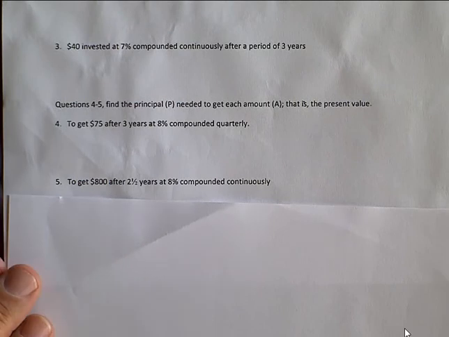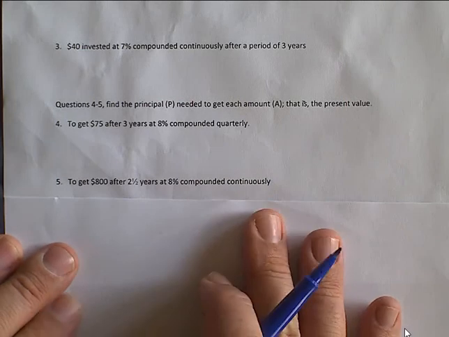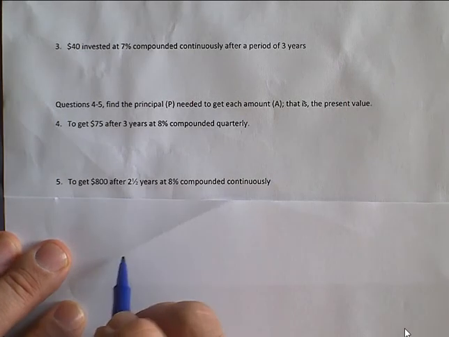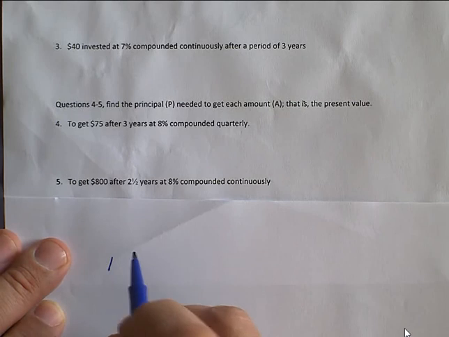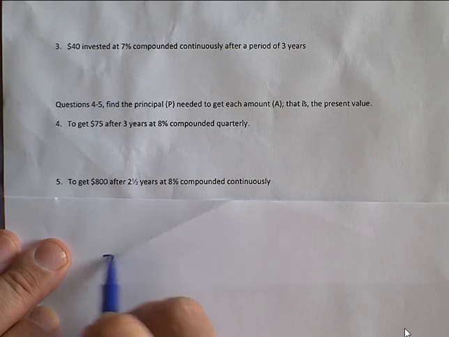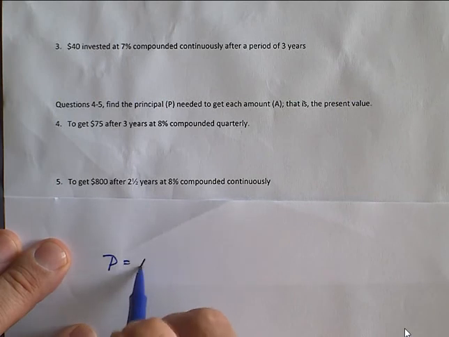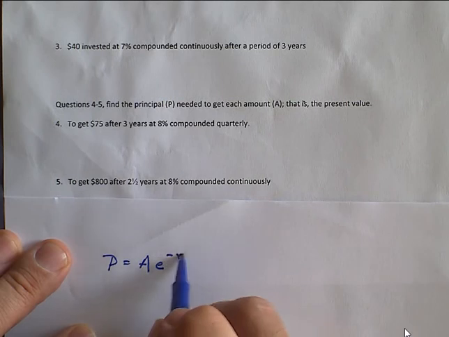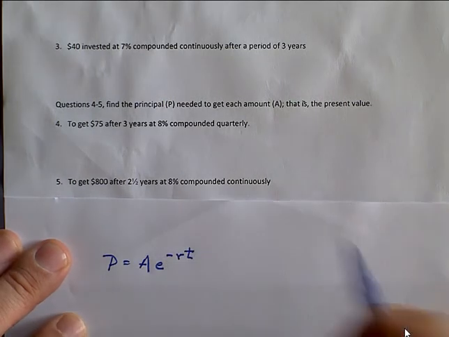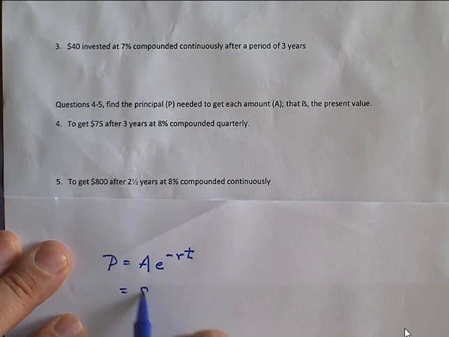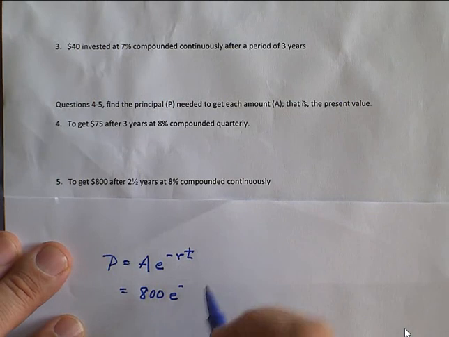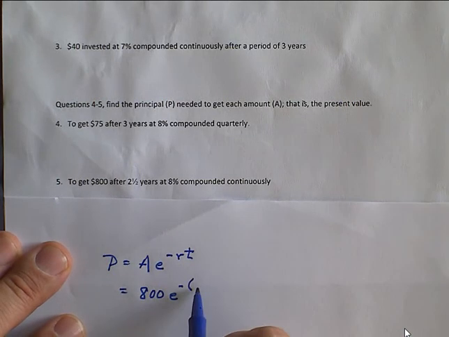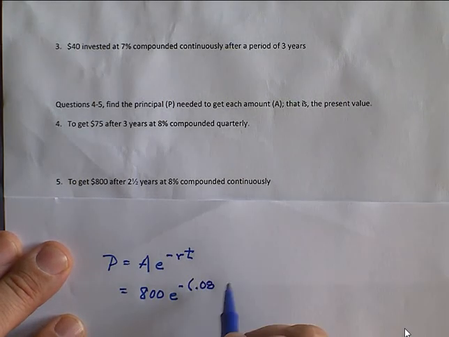So I'm trying to find out what P is this time. Okay, so the formula says P equals A times e to the negative rt power. So I'm going to plug in 800 and e negative, and in parentheses, I'm going to put 0.08. Okay, got to put in r as a decimal times 2.5.